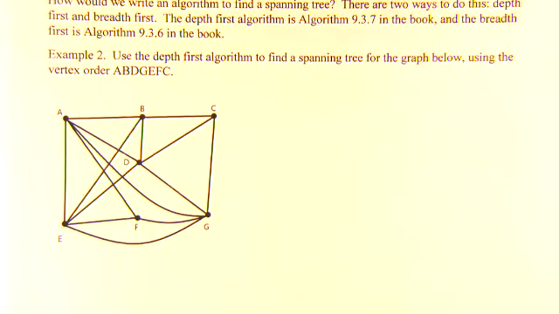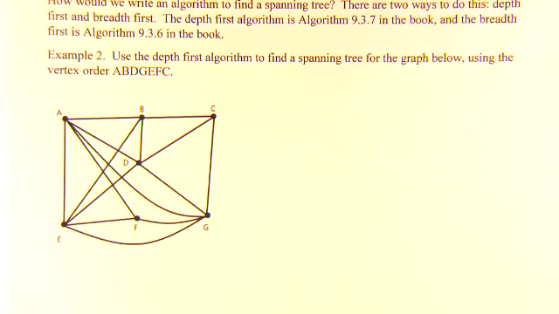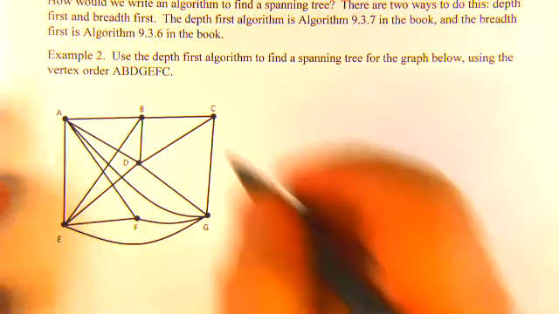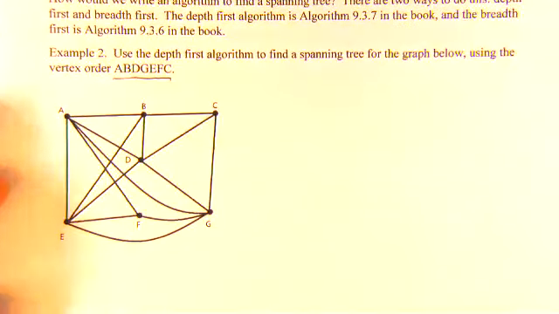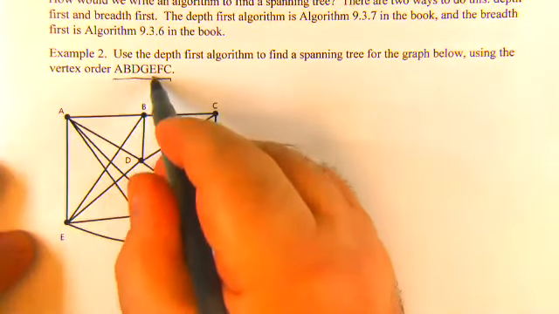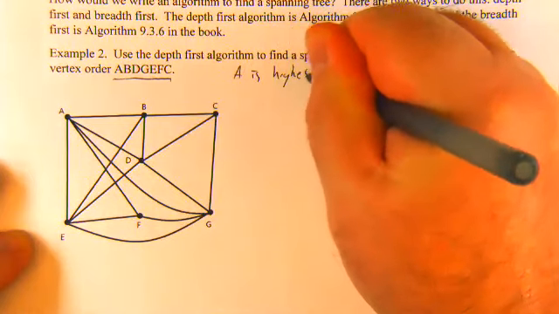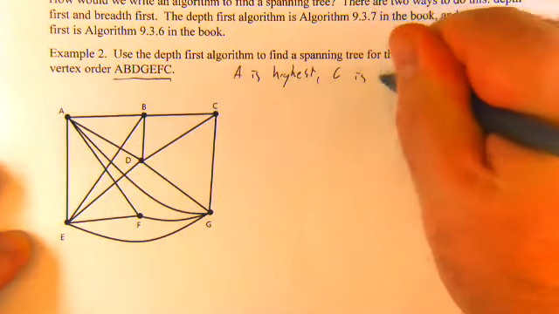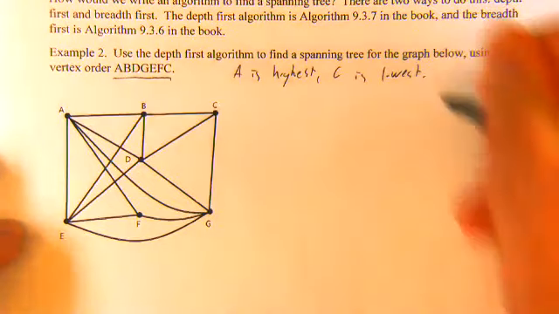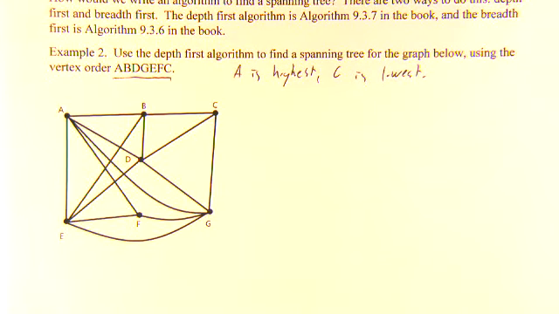Algorithms start with an order. We have an order for our vertices, A, B, D, G, E, F, C. A is highest, C is lowest. If you want to program a computer to do this, you have to tell it where to start and where to go.